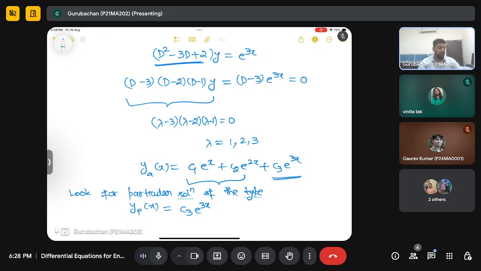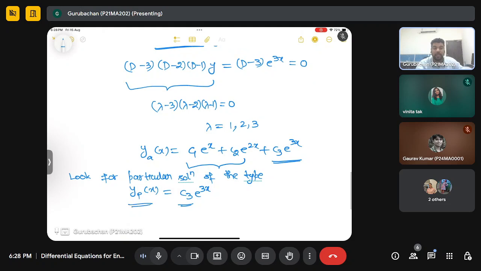This coefficient we have to determine, and that is why we call this the method of undetermined coefficients. Since yp(x) is a particular solution, it must satisfy the given differential equation.